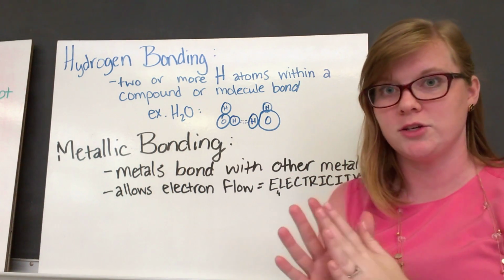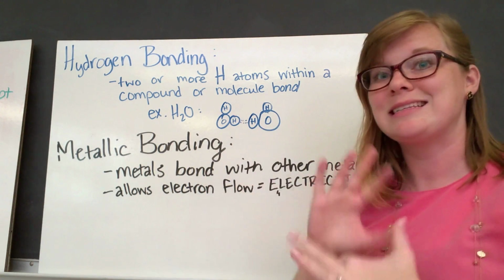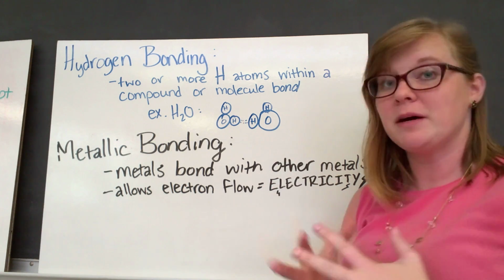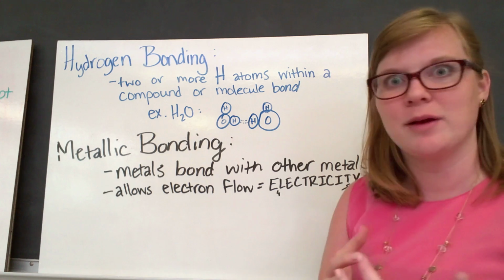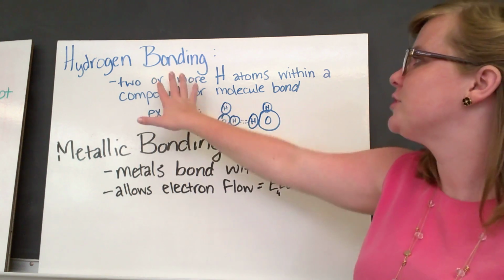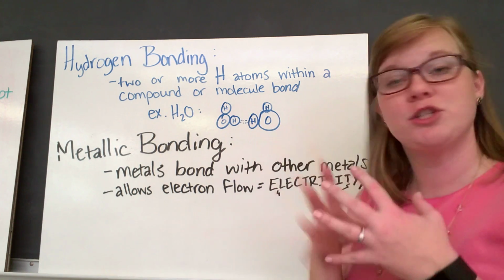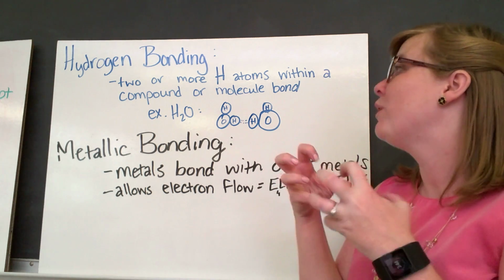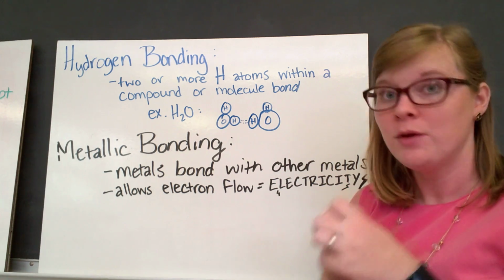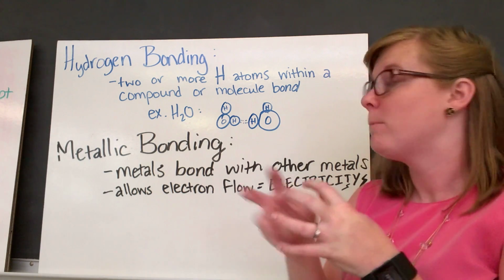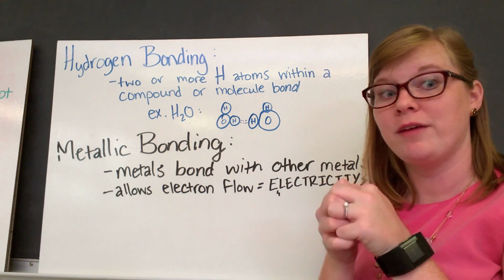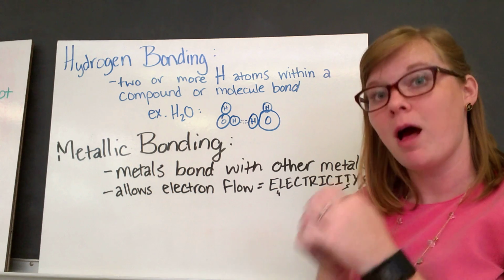All right, last 2. So these guys are very abundant in nature, but they're slightly less prevalent right now, right? So hydrogen bonding is going to be where 2 or more hydrogen atoms within a compound or molecule bond. So we talked about how water is formed with a covalent bond, and when water is formed with a covalent bond, it becomes a molecule, right?